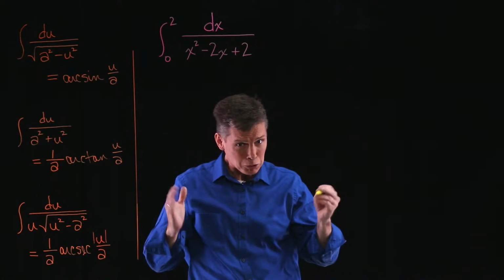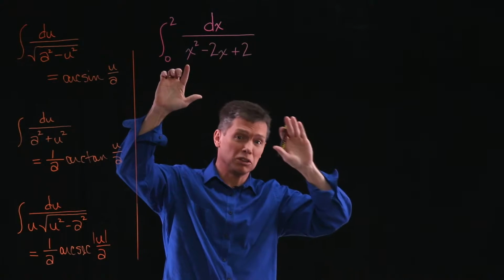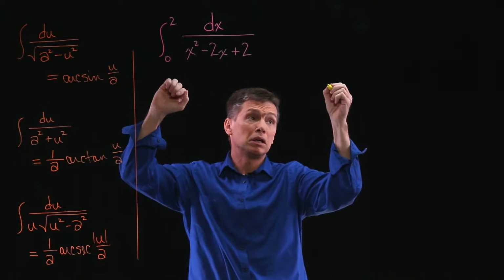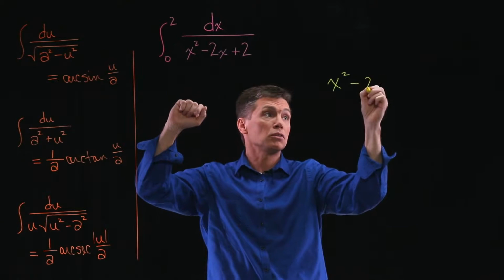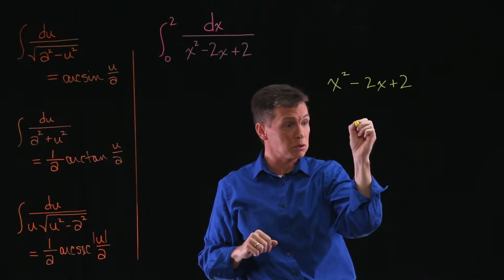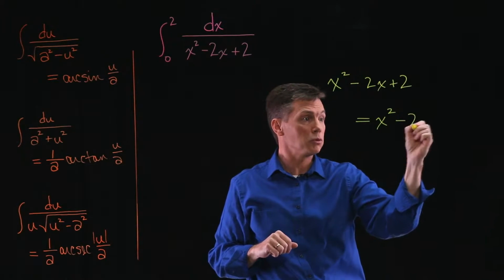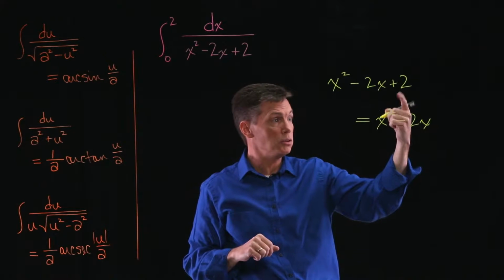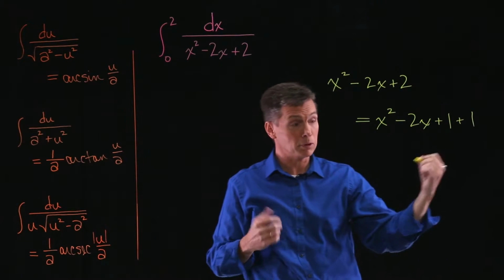Okay, well, with those training wheels, I know that I'm supposed to take this trinomial, I'll just go off to the side a little bit, and I'm supposed to complete the square. So x squared minus 2x plus 2. I will choose to rewrite that. This one is not too bad because what I'm going to do is break the 2 up into plus 1, right?